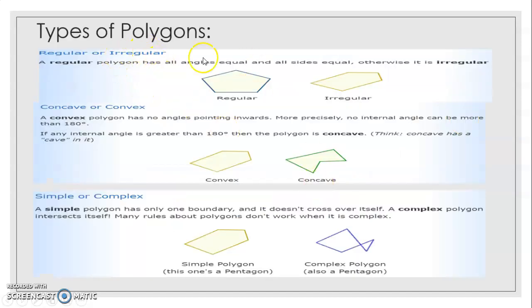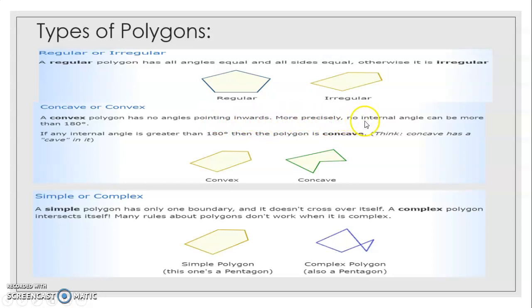Types of polygons. These are the types of polygons. Regular or irregular. A regular polygon has all angles equal and all sides equal. Otherwise, it is irregular. Regular polygon, irregular polygon. Convex or concave. A convex polygon has no angles pointing inwards.